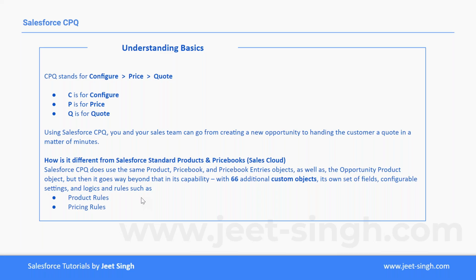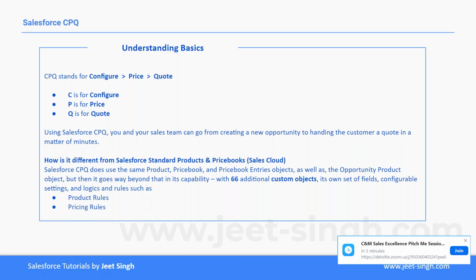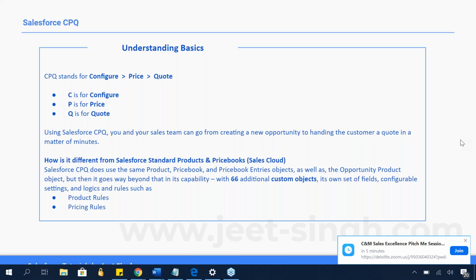Product rules are the rules which will help you control product related rules: which product can be included as part of your sale, or as part of the quote line item, or which products cannot be sold with others.